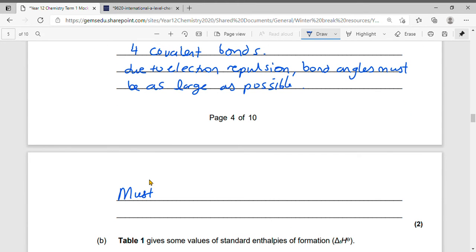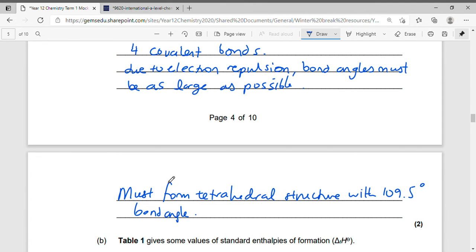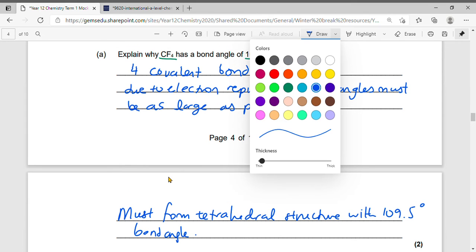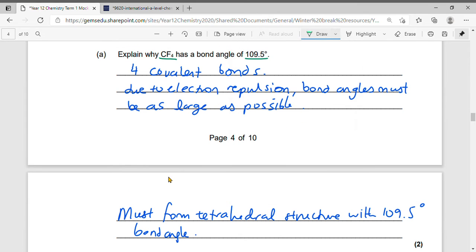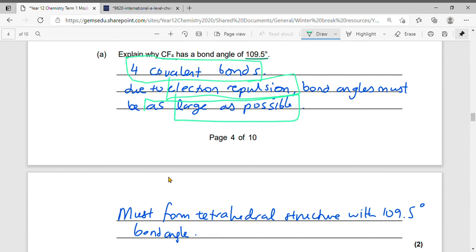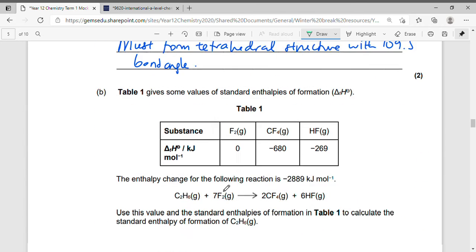Must form tetrahedral structure with 109.5 degrees bond angle. I'd just like to square off some key points here, in a different color of course. For covalent bond, we mentioned that. Electron repulsion, as large as possible. Okay.